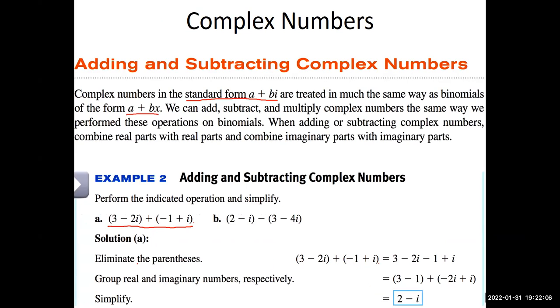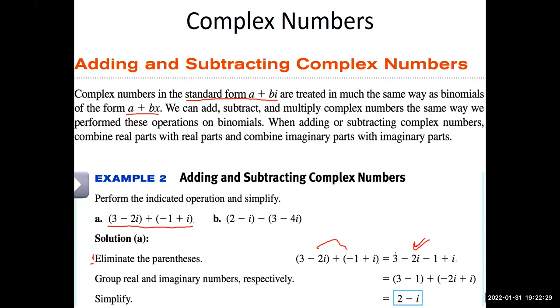Okay? And then first step is to eliminate the parentheses. Okay? So from this, naging ganito na. Okay? So we eliminate the parentheses for the 3 minus 2i and the parentheses from negative 1 and i.